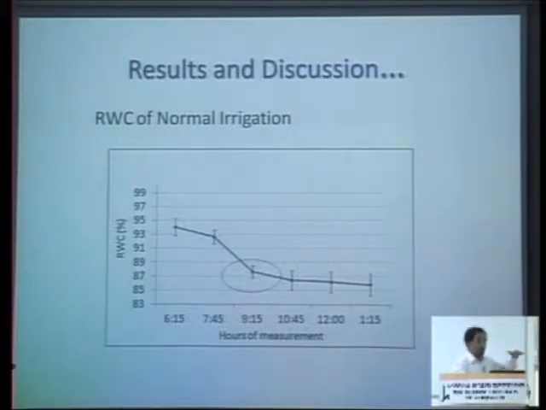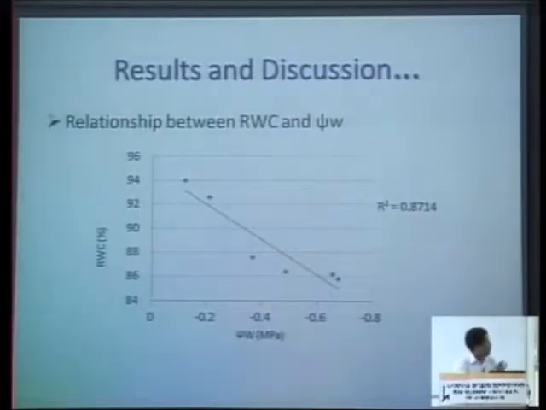So all in all, the other parameters were declining until midday, but here it stops declining in the morning. So something happened here, because they are different. They are decreasing at different rates.